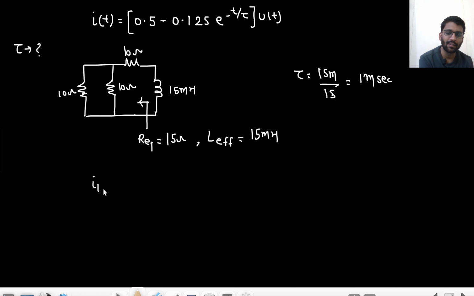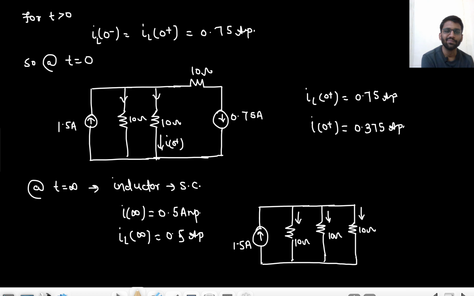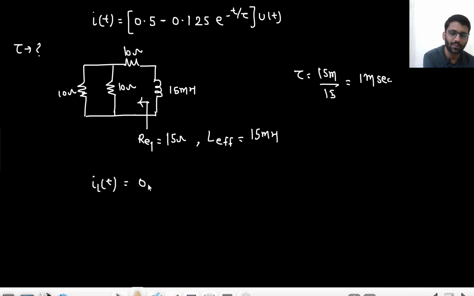And what is IL of t? IL of t would be starting from 0.75 ampere and going to 0.5, right?